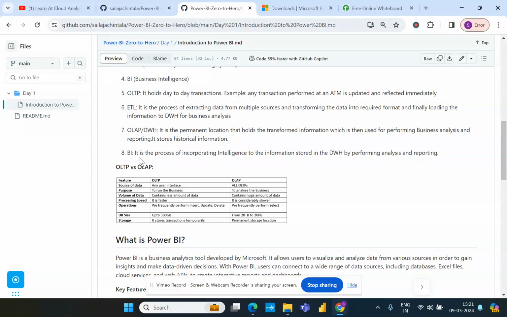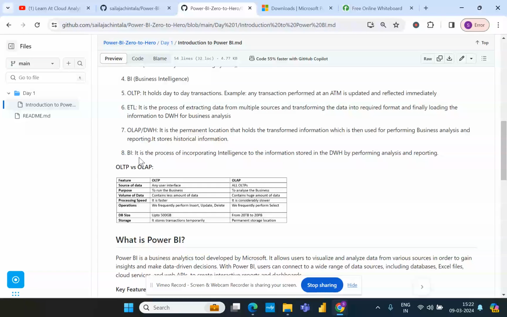And then BI. BI is nothing but a process of incorporating intelligence into the information stored in the data warehouse by performing analysis and reporting. So what is that intelligence? Let's keep it simple. We've got our data. I've connected to a data warehouse, and I have all my tables and the data within my respective tables.